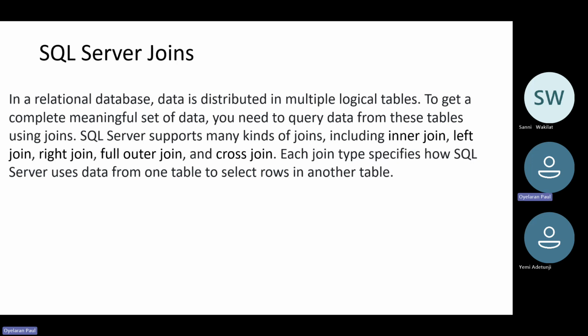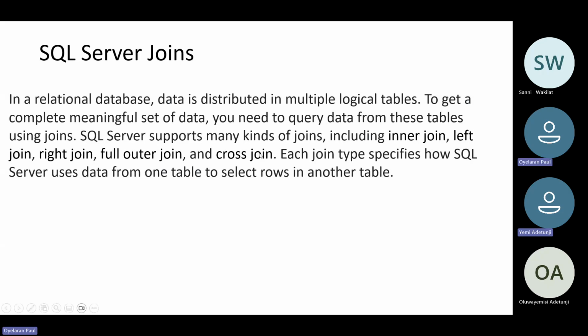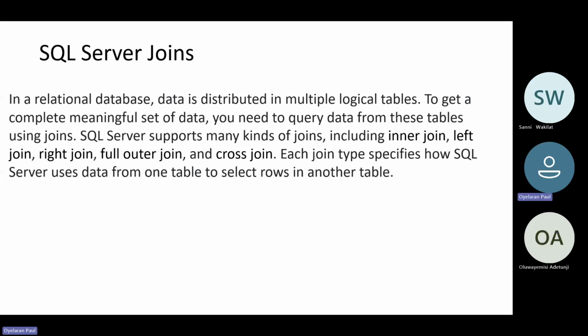We have different types of join in SQL, and we have majorly, I think, up to 4 or 5. We have inner join, left join, right join, full outer join, and cross join, right?